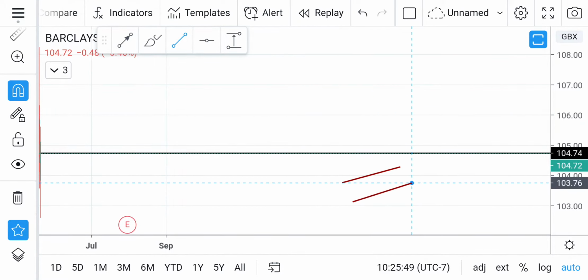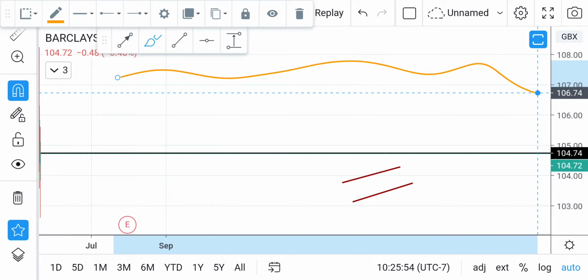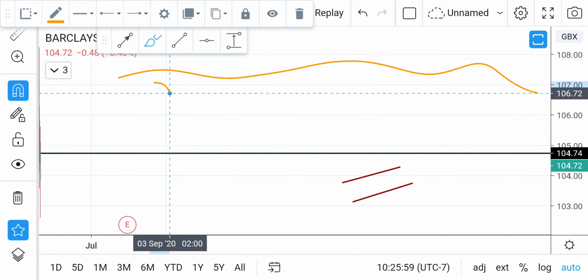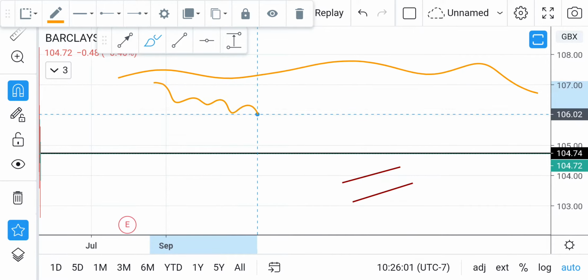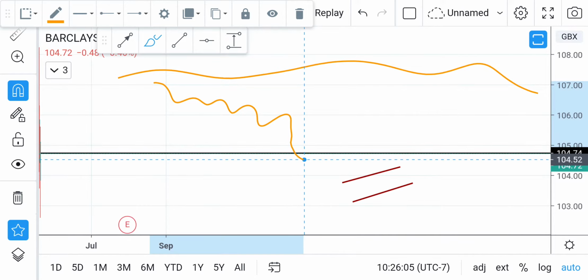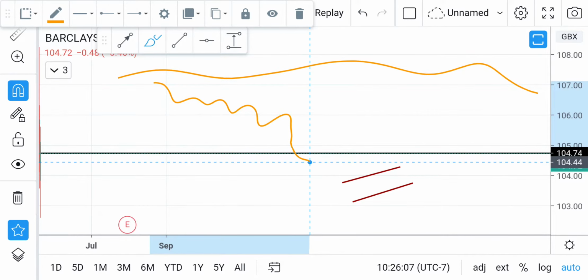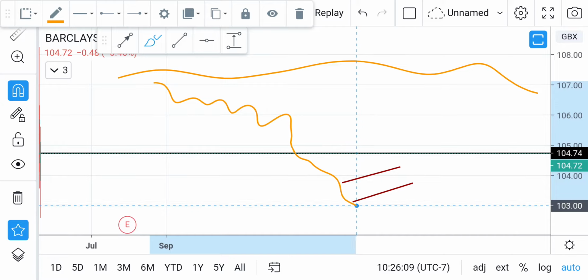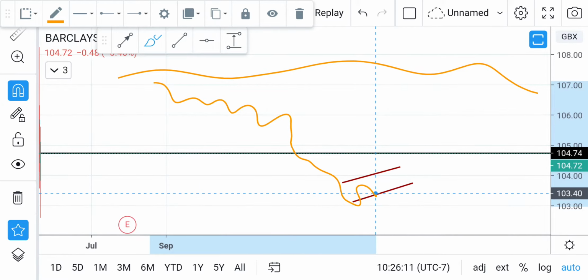Let's say this is the 200 period moving average, which means it's already a downtrend, and price is trending downward, then it breaks below support. Then it starts consolidating within this channel.